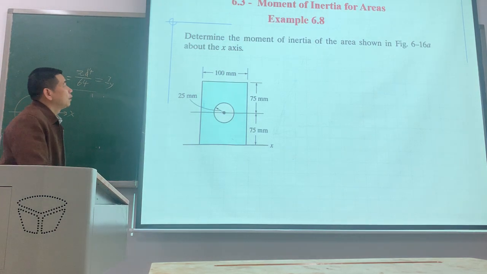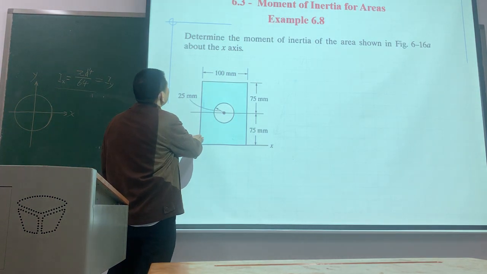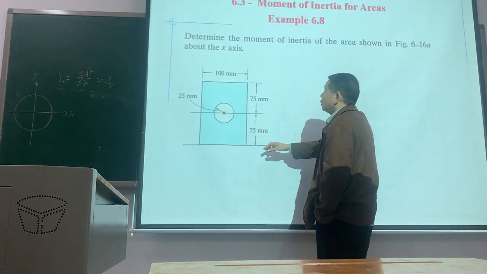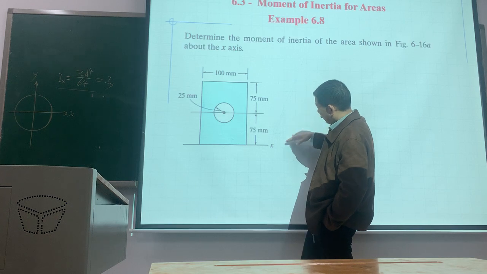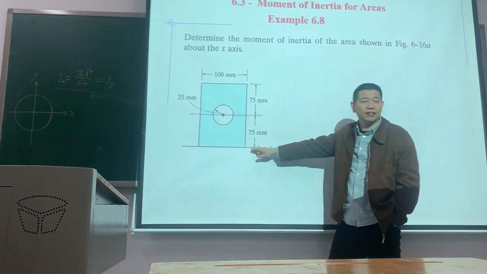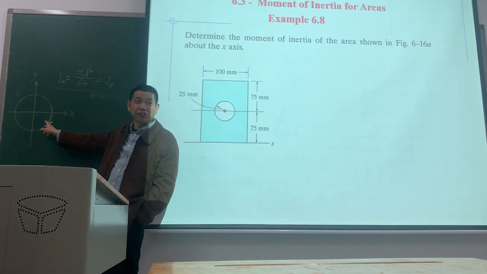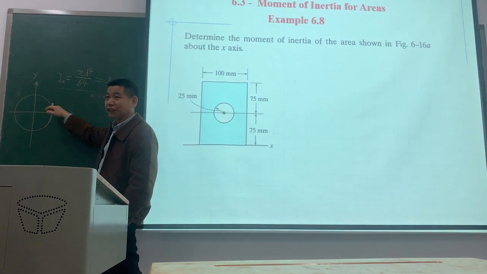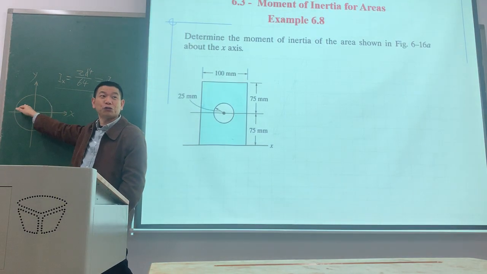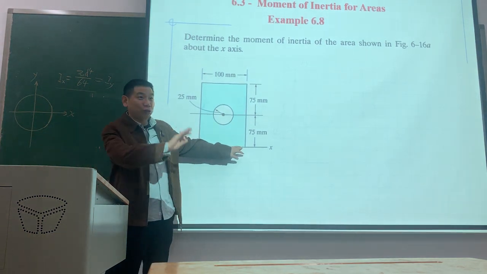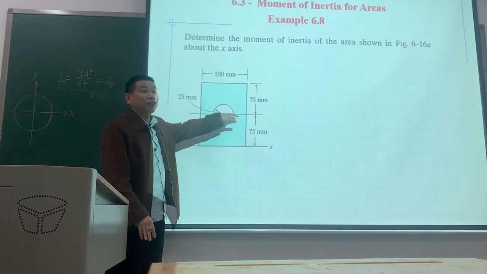So, there is an example: determine the moment of inertia of the area shown in the figure about x. This x passes through the center of the area, but the x here doesn't pass through the center of the area.